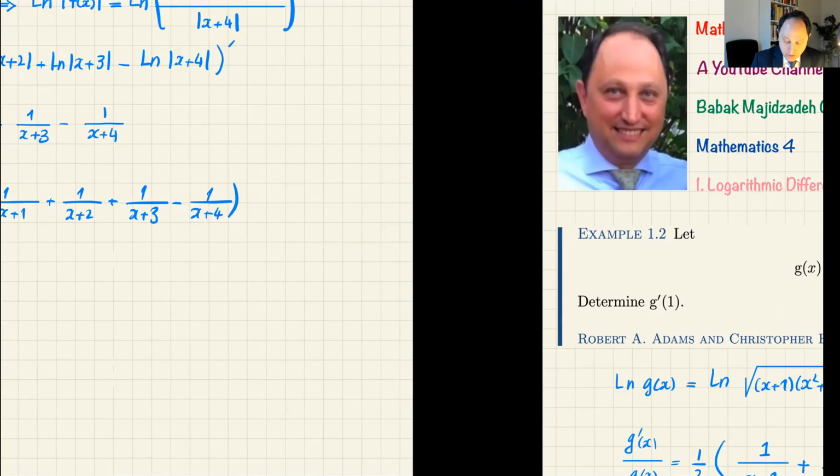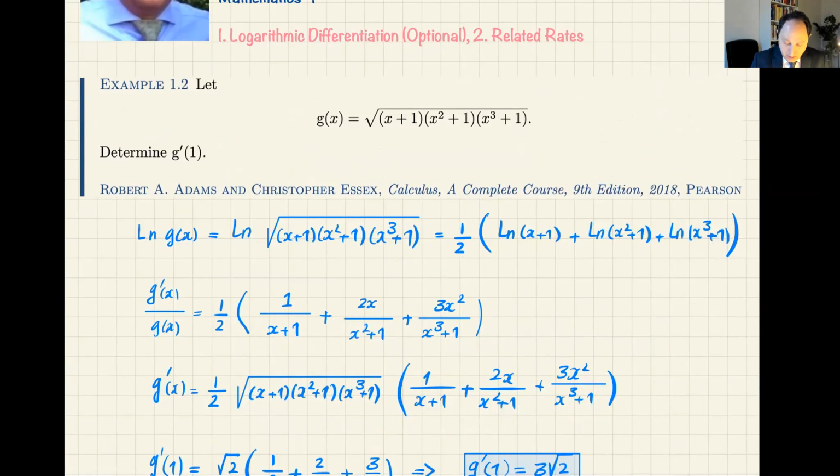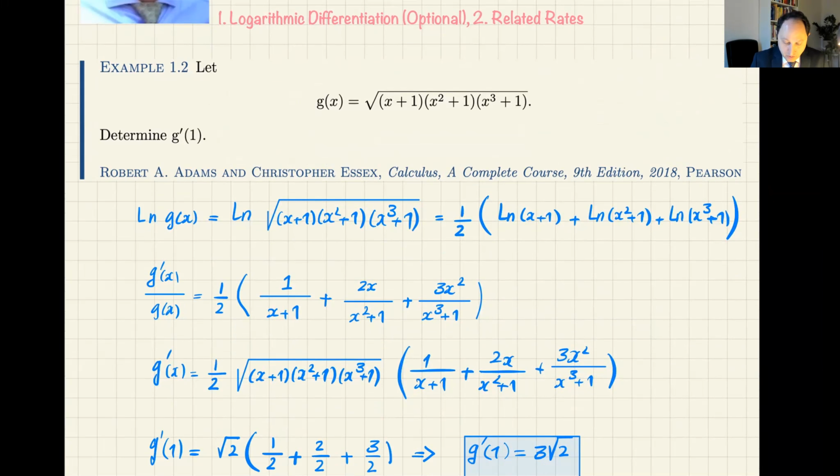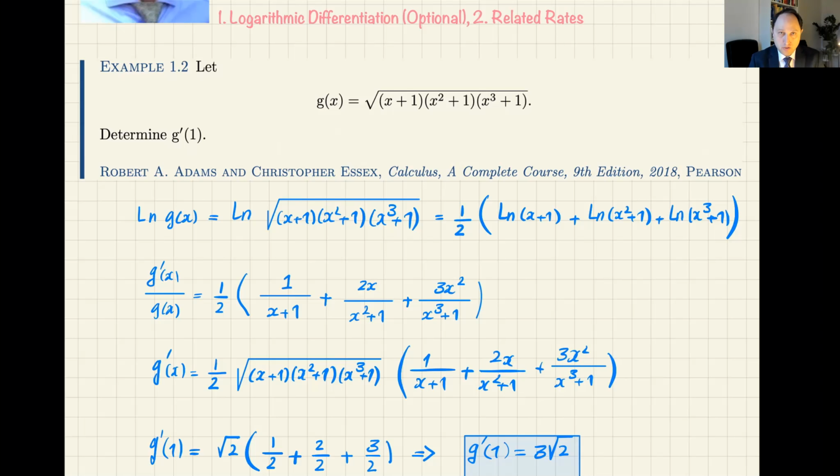But in the second slide here, we don't need to take the absolute value. I thought about that a little bit. Here I am talking about the derivative at point 1. Close to 1, because you remember the derivative is a limit process and you send your variable to that number.